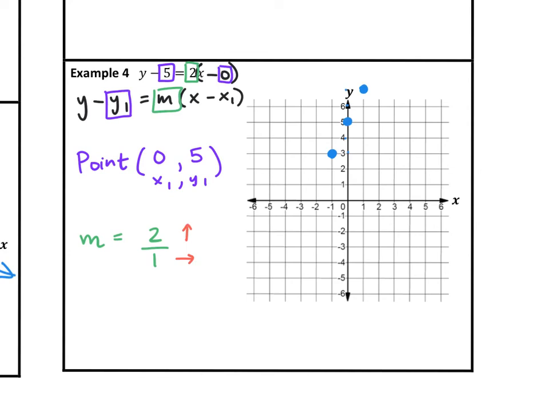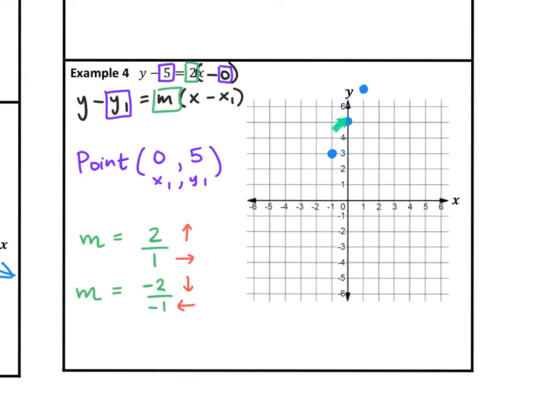Because remember we discussed that a positive divided by a positive is a positive, right? But in math a negative divided by a negative is also a positive. And if that's the case, that means we're going to go down 2 and to the left 1.